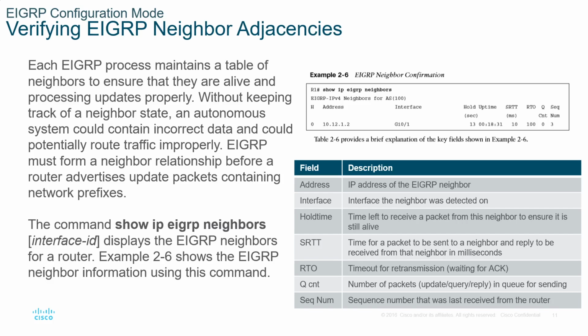So show IP EIGRP neighbours is the general command, and that'll give you all of them. You can specify an interface ID to get specific information about neighbours out of a specific interface. So again, coming through, we have the address of the neighbour, the interface that that neighbour can be found on, hold time.